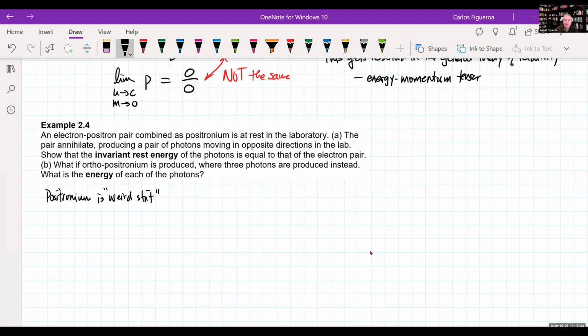Because what they do here is that they create an electron. Okay, let's say that this is the electron. And then somewhere else, by the way, this is all in vacuum, of course, right? So this is a vacuum, and here's a vacuum. And then they somehow sneak in a positron.